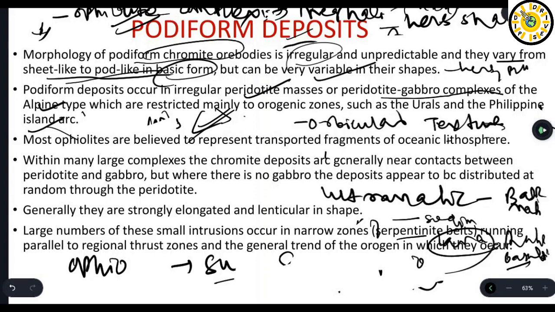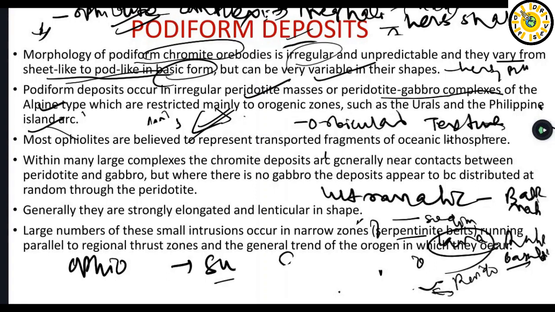Pillow lava, that means the pillow lava is the basaltic lava. And what do you get at last? The ultramafic complexes like peridotite. Yes or no? At the basement, peridotite and harzburgite. So these are the ultramafic rocks that are associated with the chromite deposit.